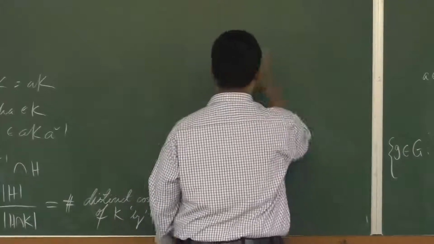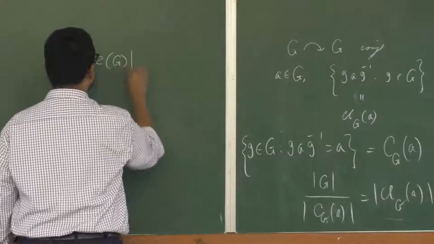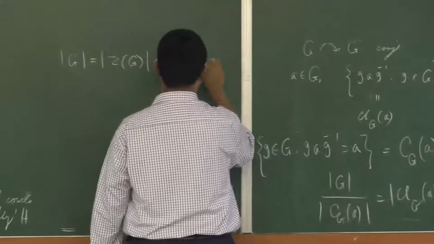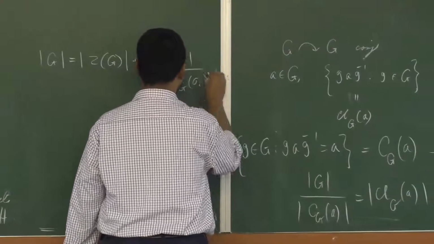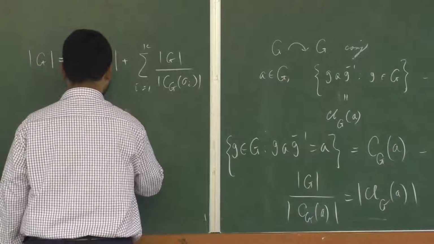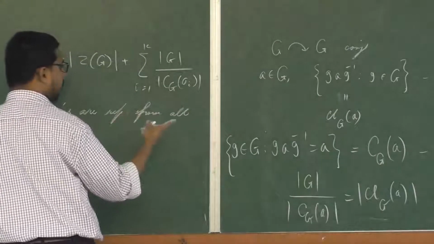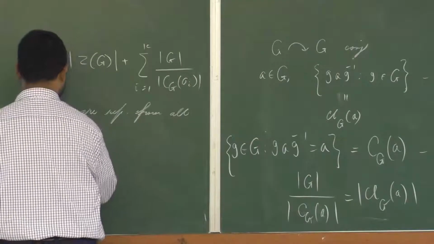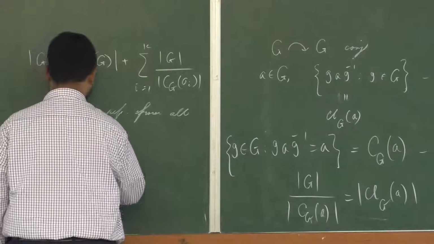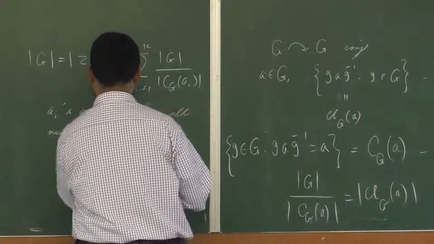G will be written as first the fixed points, so when G is finite, the center of G, together with elements of the form a_i, i from 1 up to k, where the a_i are representatives from all non-trivial conjugacy classes, that is, conjugacy classes having size at least 2.